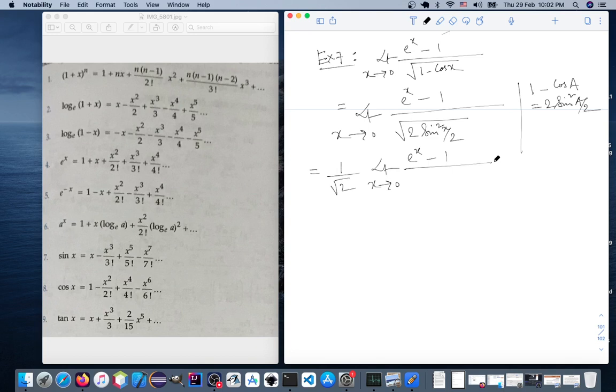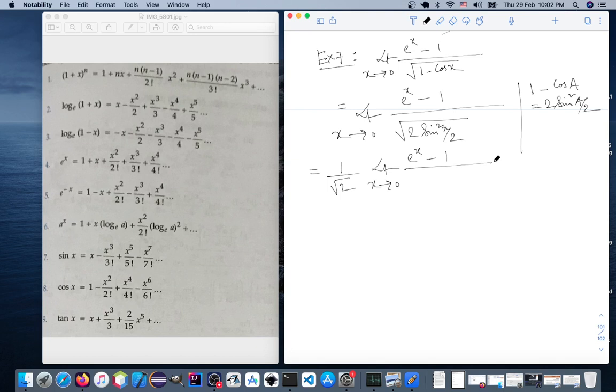Can we say square root of sine square x by 2 is sine x by 2? No, because here x is tending to 0. When x is tending to 0 plus, sine x by 2 will be positive, but when x is tending to 0 minus, sine x by 2 will be negative.